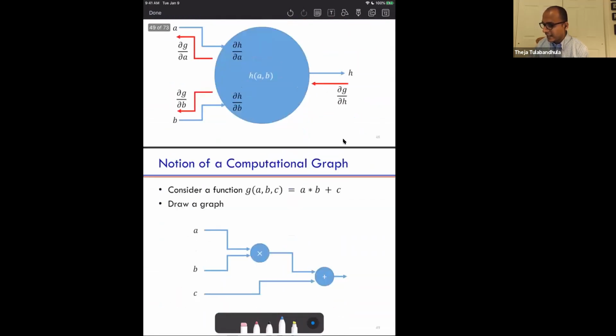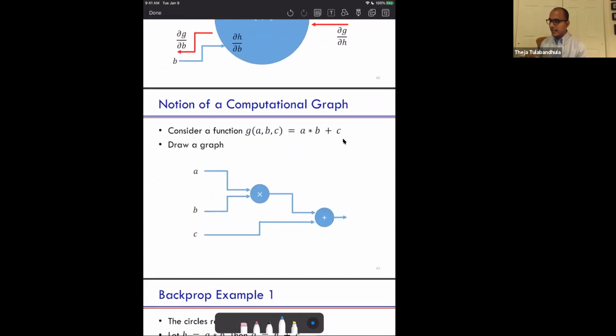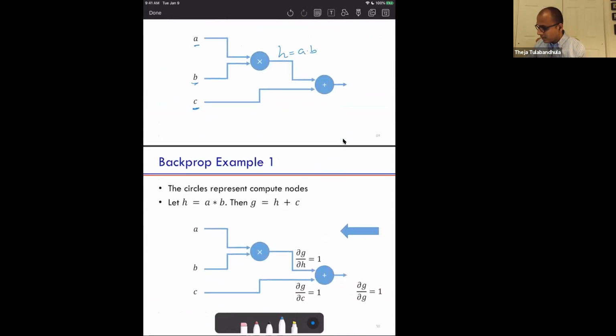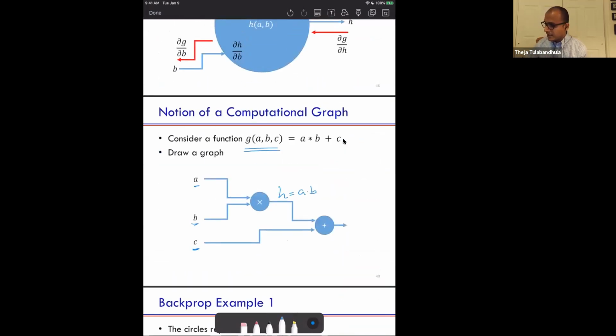Let's say G is a computation which has three inputs as starting points, A, B, and C. There's an intermediate computation H, which is A times B. And then G is equal to H plus C. So G is equal to A times B plus C. This is a very tiny computation graph. It's just saying that there are three inputs, and ultimately something is computed, which is G.